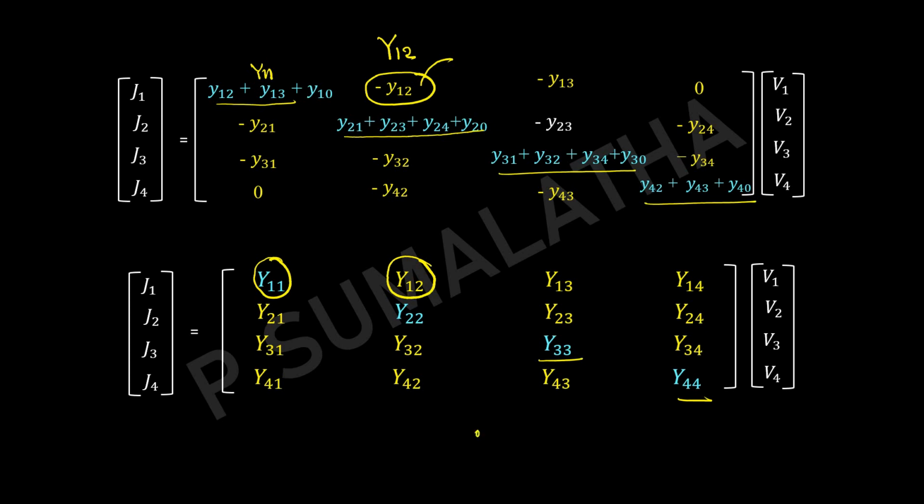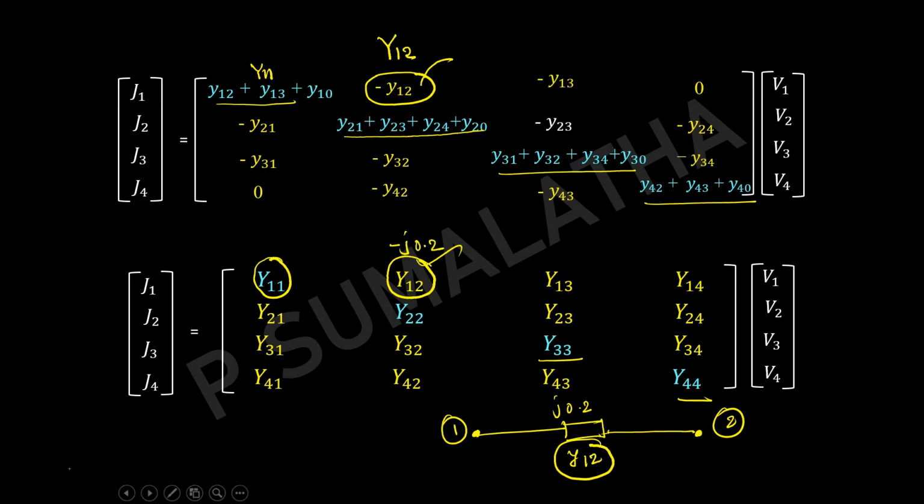If I ask for the bus admittance connected between the first node and the second node, Y12 will be equal to minus of the admittance connected there. If it is j0.2, then Y12 becomes minus j0.2. If it is given as minus j0.2, this becomes plus, the negative of that value becomes the bus admittance value.